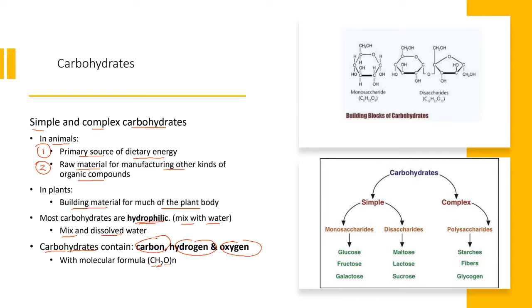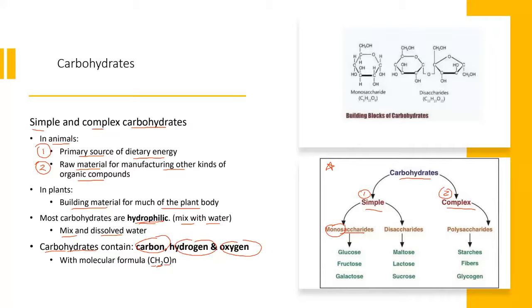Okay, so if we look at this diagram really quick, we see that carbohydrates, like I said, are going to be two types. Okay, they're going to be simple carbohydrates and they're going to be complex carbohydrates. Okay, and the simple carbohydrates are going to be broken down into two types. We're going to have the monosaccharides.